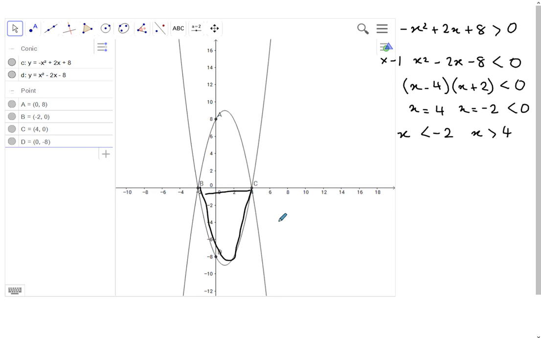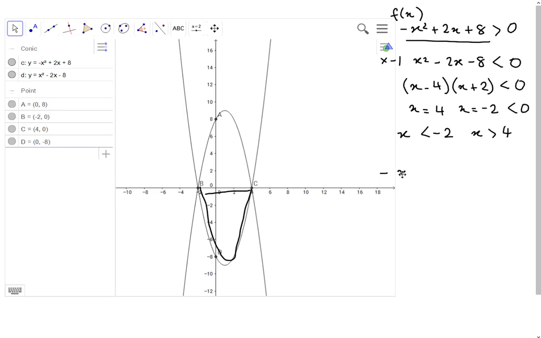If we had to, let's just try something different. If we had that, and we made it greater than 0, and we considered that as the function x, so let's just write it down again.